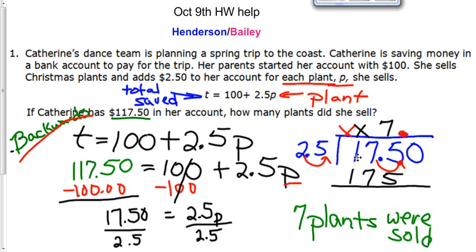A quarter couldn't go into 1, it couldn't go into 17, but if we're thinking money in quarters, that's like $1.75. It takes 4 quarters for $1 and 3 quarters for 75 cents. So 4 plus 3 more quarters makes 7. So in all, 7 plants were sold.